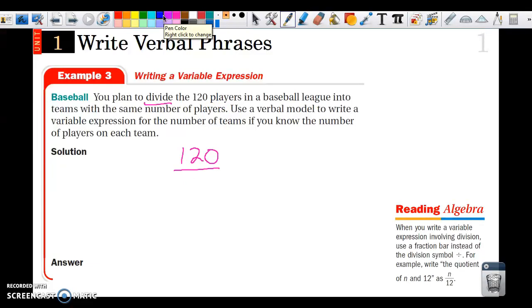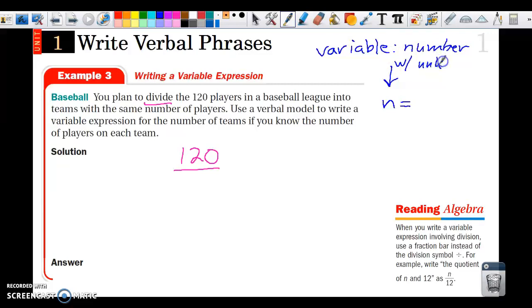And let's say for this example, you don't know how many people are on a baseball team. Well, we can use a variable to represent that number. Remember, a variable is just a number whose value we don't know, a number with unknown value. In this case, n is going to represent the number of players on a team.